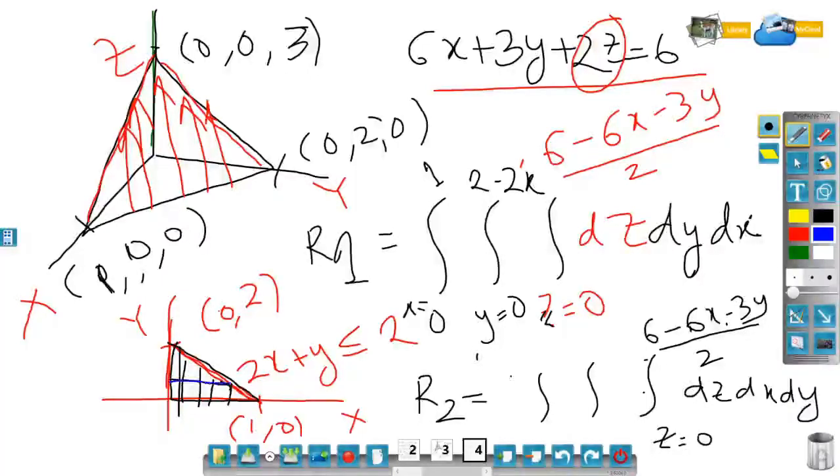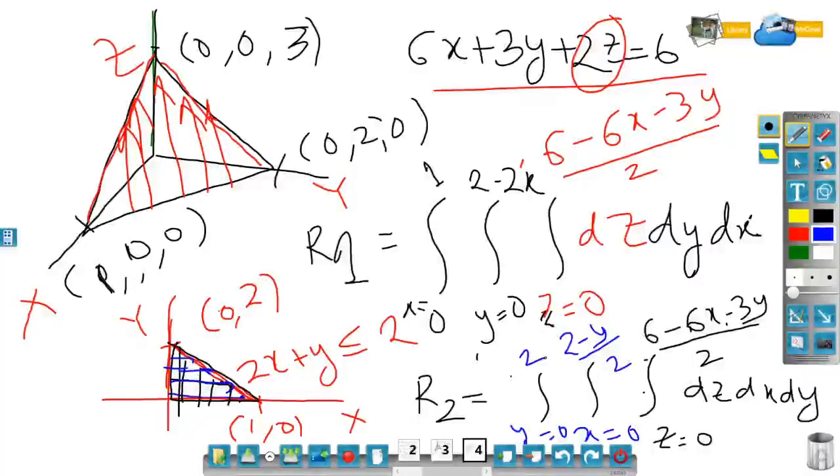A horizontal line will start from x equal to 0 and end on 2 minus y divided by 2, and the y range is from 0 to 2. So this is my second integration, dz dx dy.